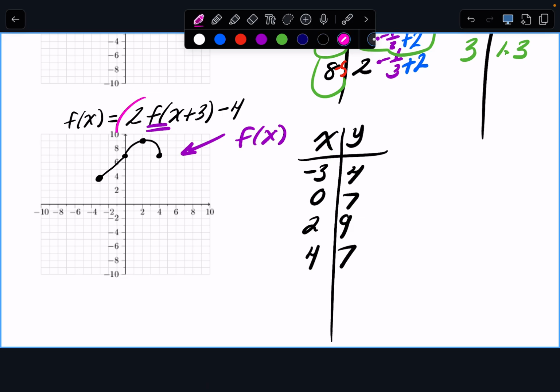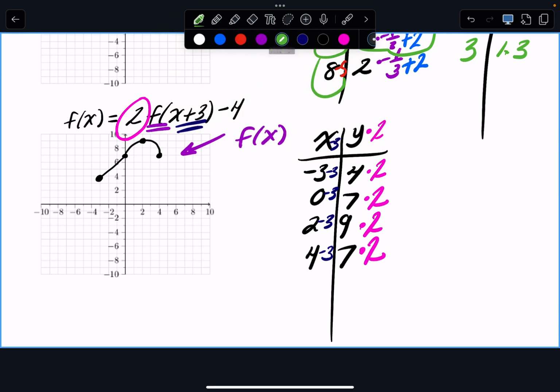And then we're going to just go. Stretch of 2 goes to our y, so we'll times by 2. Then we would say left 3, so we're going to -3 from our x's. Down 4, so we'll -4 from our y's. And then we've got to try to draw it with the same shape. It kind of looks like a hook.